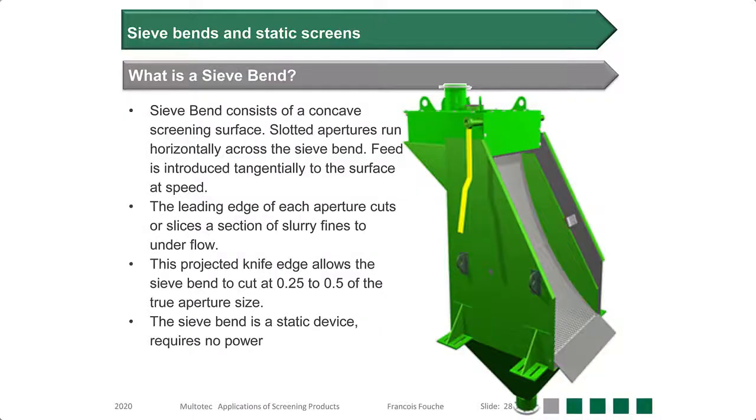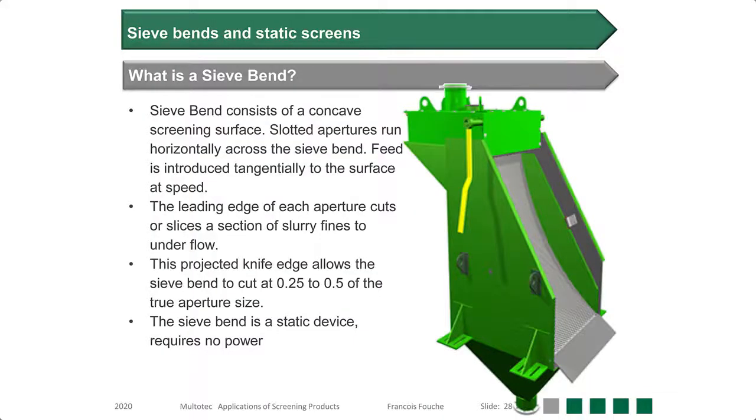Over to the iconic sieve bend. Operating as a stand-alone unit, sieve bends are obviously less efficient than screens or trommels, given the short retention time. When it comes to fines removal, these units are often used to increase the capacity of screens.